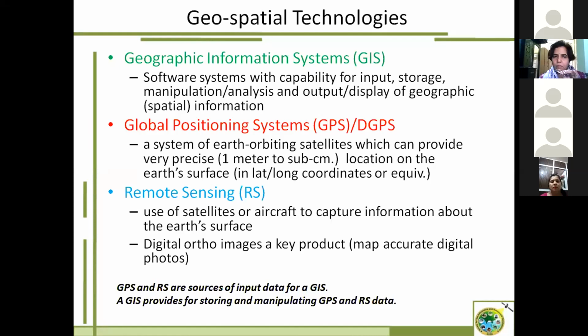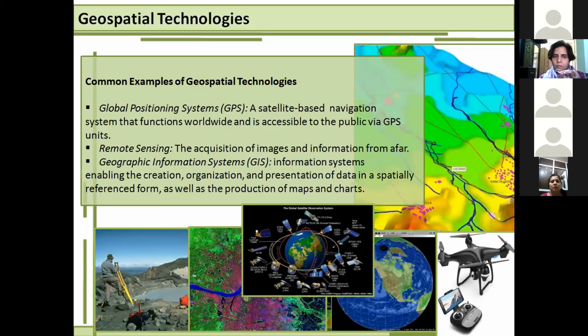Here we are accessing data through GPS via a public GPS unit, and in remote sensing, the acquisition of images, and in GIS, the creation, organization, and presentation of the data in a spatially referenced form, as well as production of maps and charts. These are a few images from which you can easily identify what kinds of things we get with the help of these technologies.